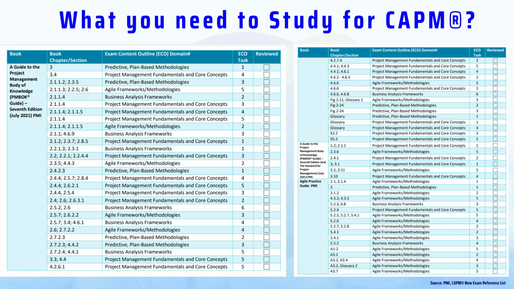Okay, then what you need to study for the CAPM exam. So what you see on the screen here is the exam reference list. Reading each book on the reference list is actually not a requirement of PMI's, but you will find it helpful to review it.